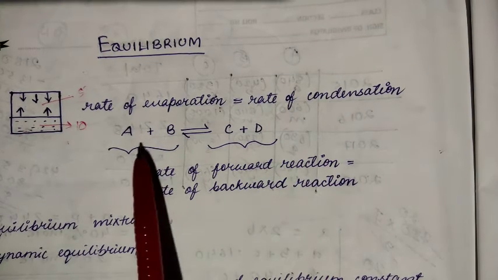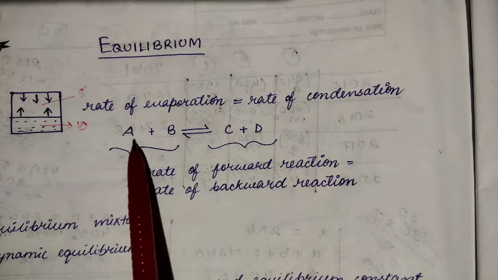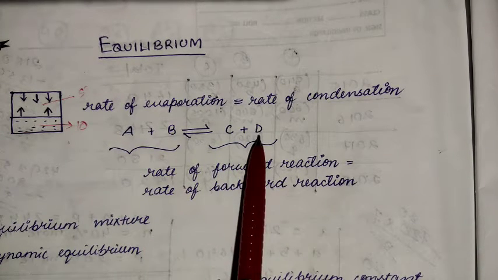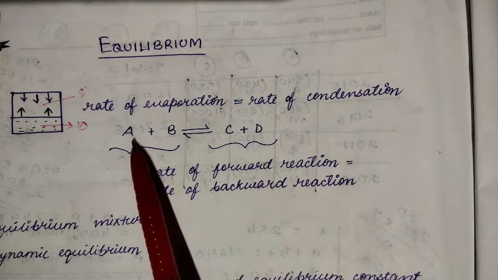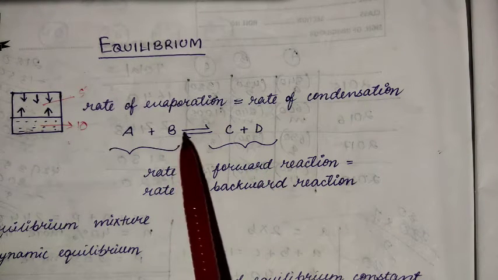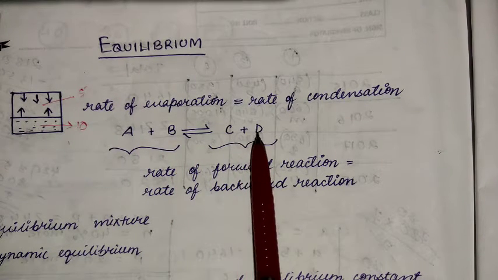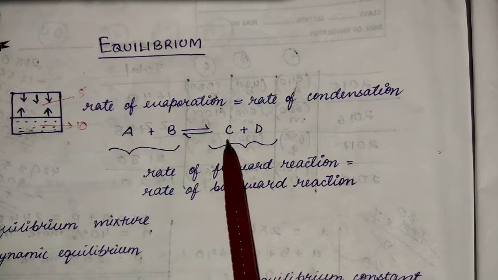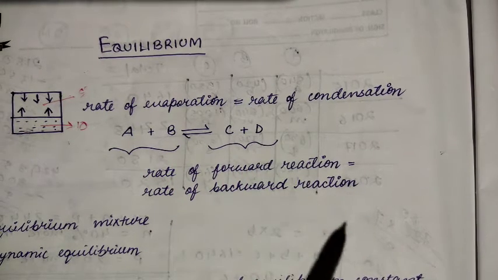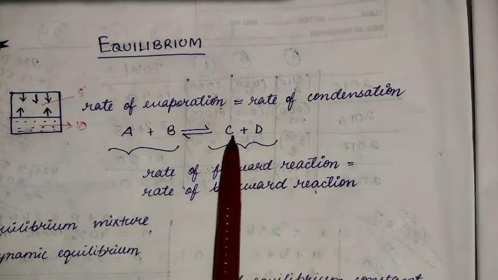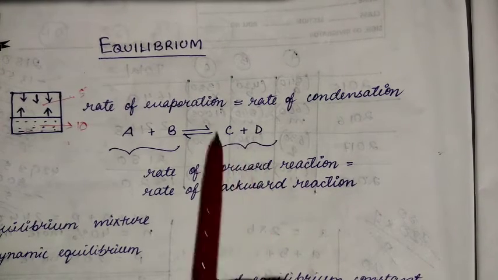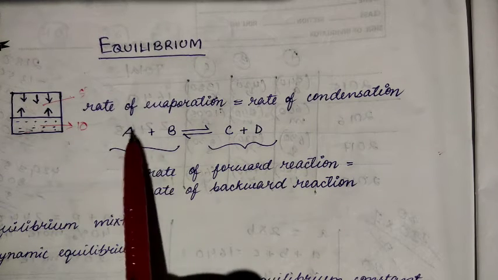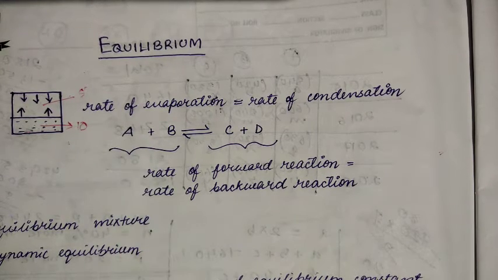Now let us consider a reaction where A plus B are the reactants, C plus D are the products. As you know, A plus B is reacting together to give us C and D. Okay, A molecule and B molecule is reacting to give C and D. Now when we talk about equilibrium, C and D again react among itself to give us A plus B. Okay, so it means that there are two reactions going on here.